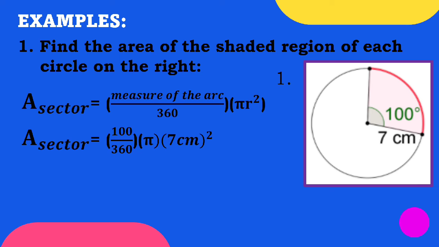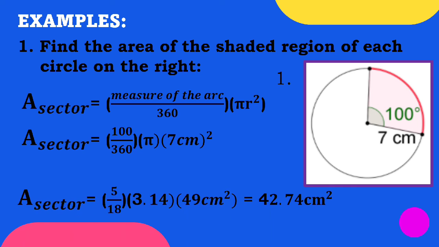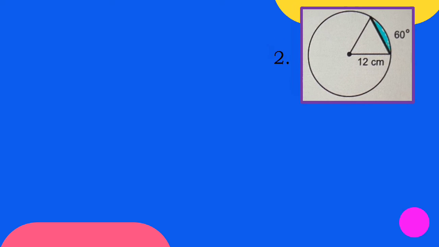The area of the sector is equal to 5 over 18 times 3.14 times 49 centimeter square. 100 over 360 is transformed into its lowest term, which is 5 over 18. By manual computation or by using calculator, 5 times 3.14 times 49 centimeter square divided by 18, that is equal to 42.74 centimeter square.